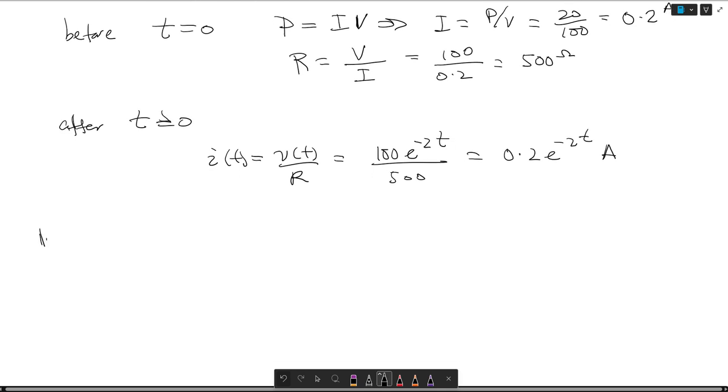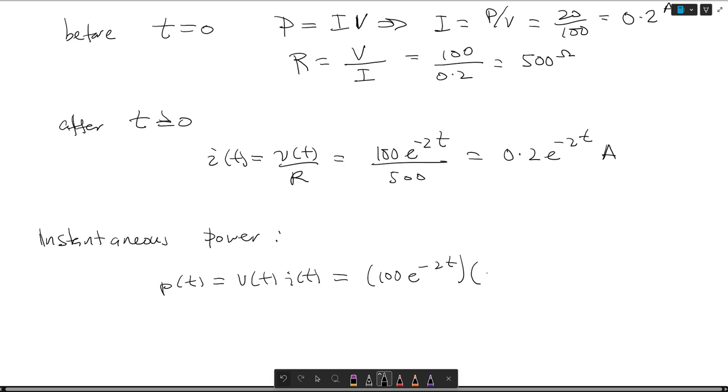And what we consider the instantaneous power is p(t) equals v(t) times i(t), which equals 100 e to the minus 2t times 0.2 e to the minus 2t.